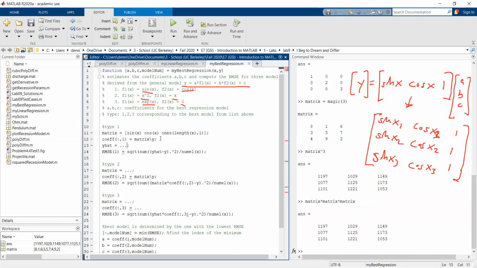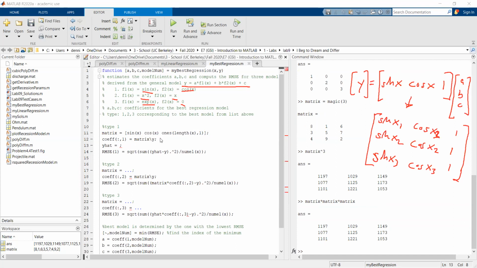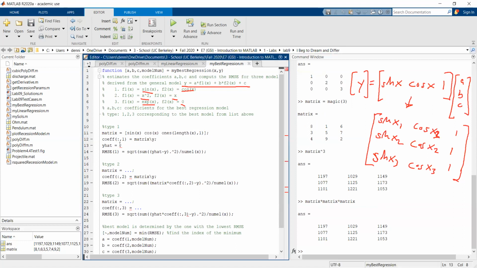Can someone tell me what our prediction will be? What's going to be our y hat? How do we get that? Remember the procedure we did for our linear regression. Are you talking about when we do the backslash thing? We already did the backslash. That's our coefficients.